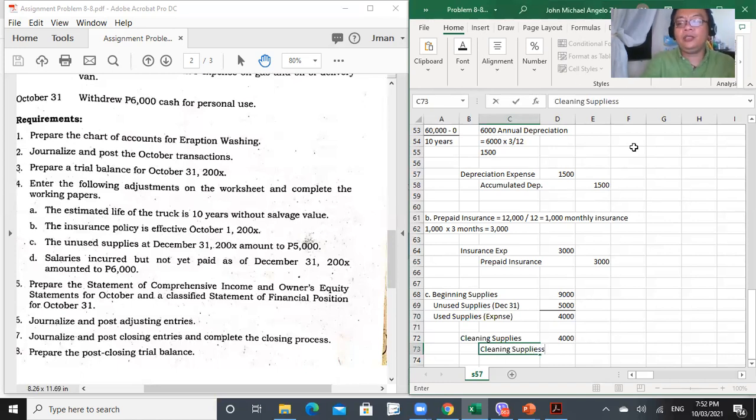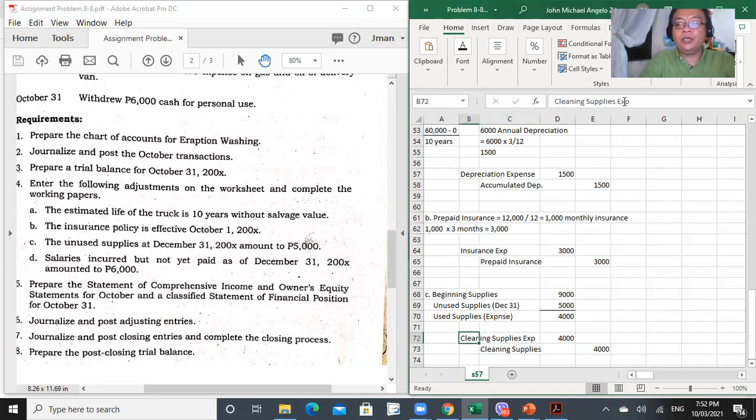By the way, wag malito ha. The cleaning supplies is an asset, while cleaning supplies expense is the expense. Alright, ito naman ay cleaning supplies worth 4,000. Meaning, we will now record the cleaning supplies as an expense.